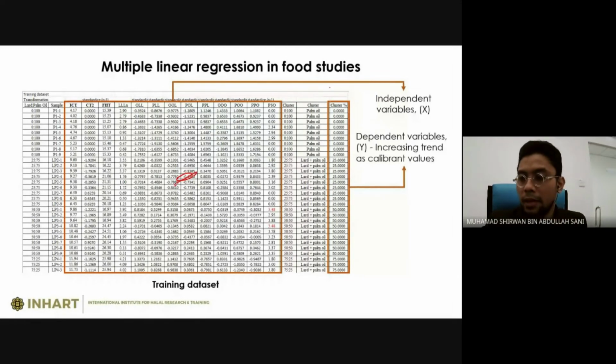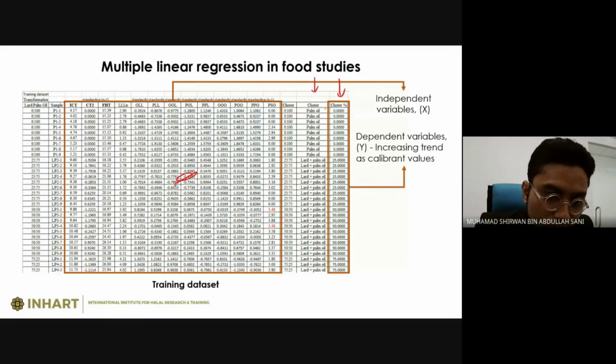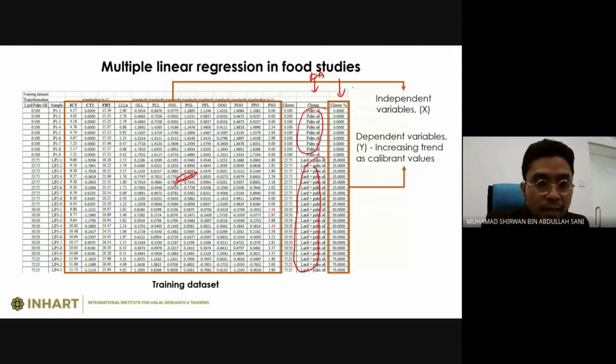This is the dependent variable. So you can see the class, okay? If we go for discriminant analysis, we can use this one, palm oil, lard and palm oil as a grouping. This is for the DA. But now, we want to know how much contamination. So kita akan pakai, we will have a quantitative value.